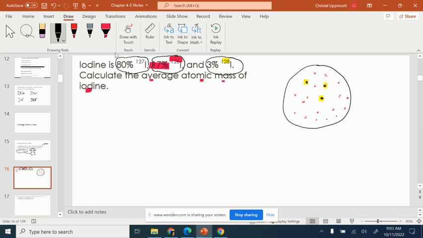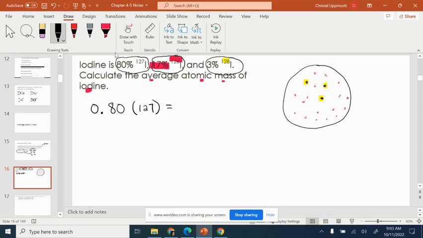So if I want to get them out of percent form, I'm going to divide by 100. So 80 divided by 100 is 0.8. I'm going to multiply that by its mass then, because that means that 80% are this mass.